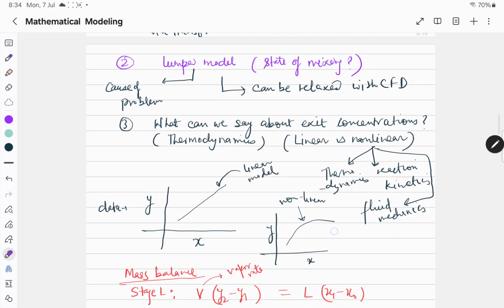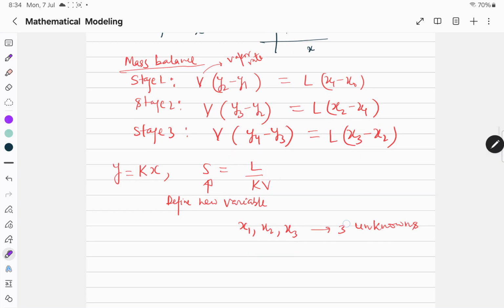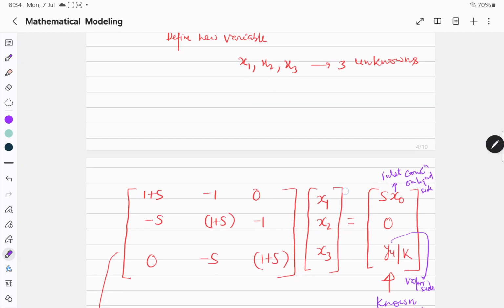Let's define a new variable, s is equal to L by KV. If k varies, then s will vary, otherwise s will be constant. L by KV means you are dividing both sides by KV, so you can convert it into this form.